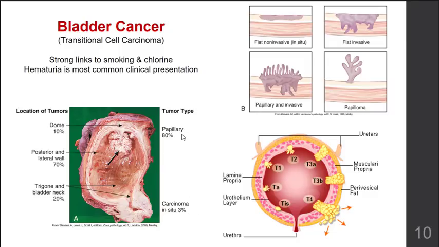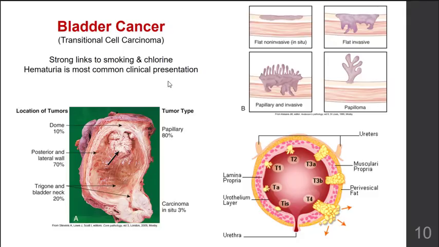Most are papillary, these masses that protrude into the bladder cavity, and if it bleeds, then it can lead to blood in the urine or hematuria, which can indicate cancer. So if somebody has blood in their urine, it's important to rule out infection, obstruction, and always keep in mind the possibility of cancer.